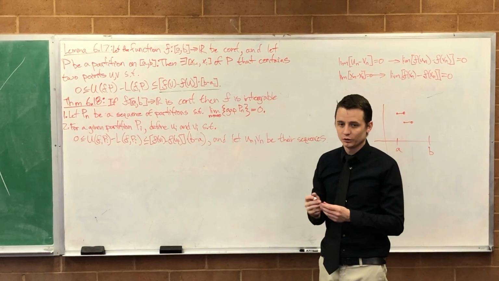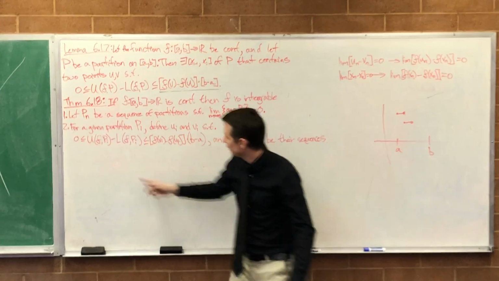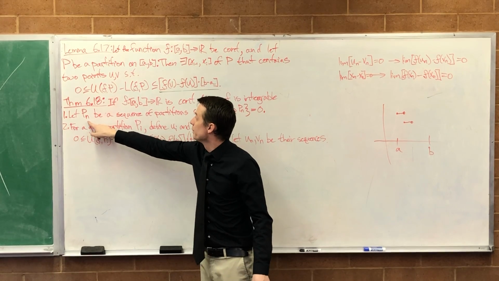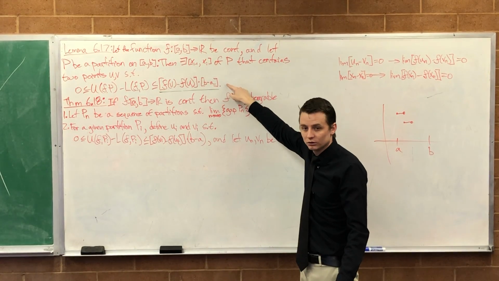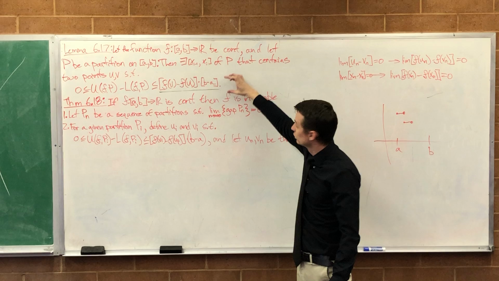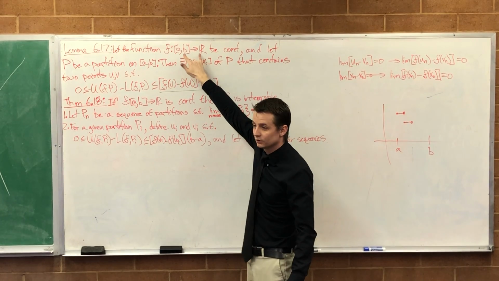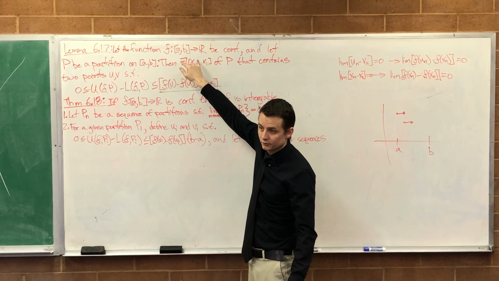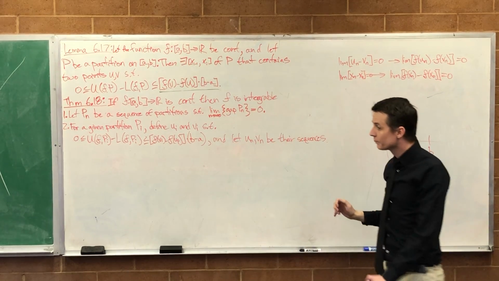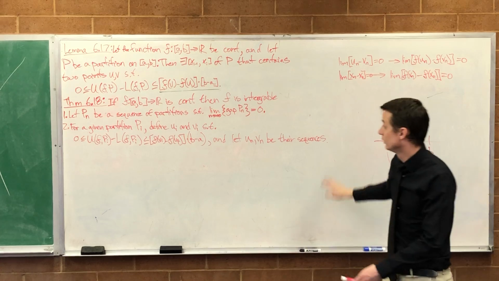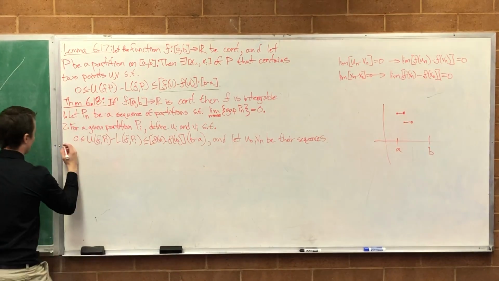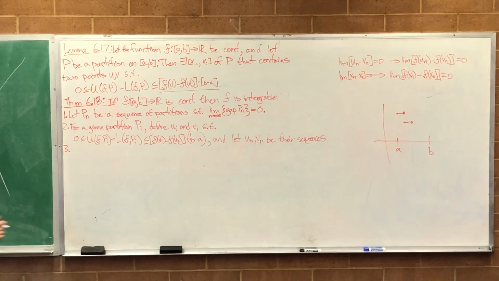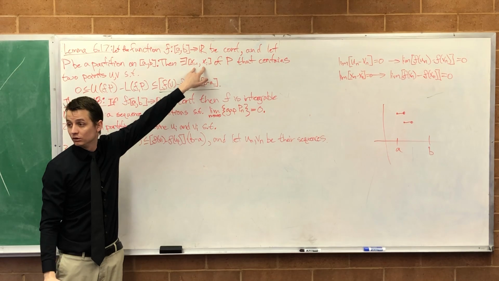So for any particular partition you choose, say we take P sub 1 here, this holds for that partition, right? This holds for any partition on a function like this. Does that make sense? Three. Now remember that U sub I and V sub I are always picked from the same interval.